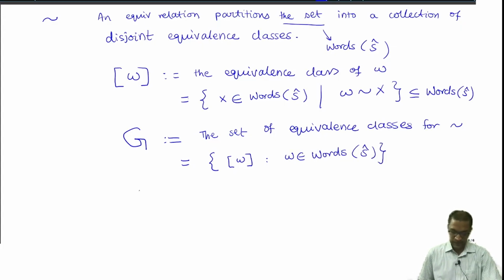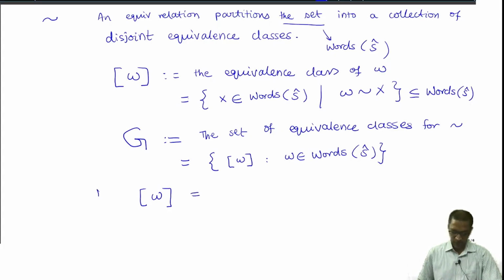But note that when we denote an equivalence class in this manner, what we are really doing is picking one representative W from that equivalence class.